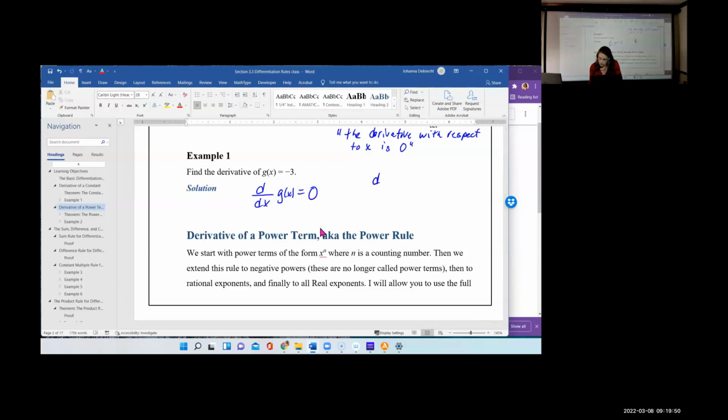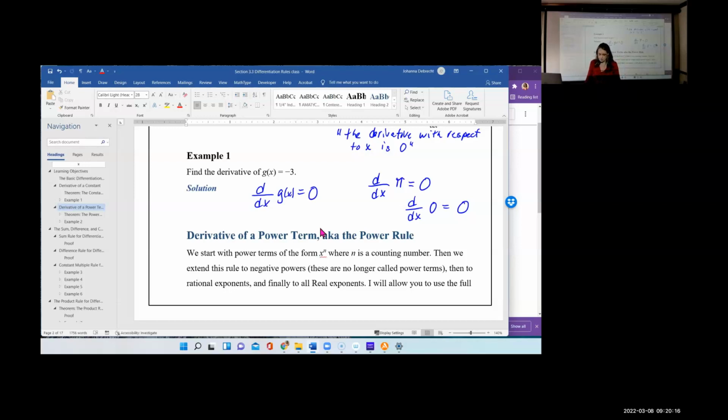If I gave you the derivative with respect to x of pi, it's still a constant. You should give me 0. Even if I said, what's the derivative with respect to x of 0, it's still 0. 0 is still a horizontal line. It's the x-axis, but the slope of that horizontal line is 0.